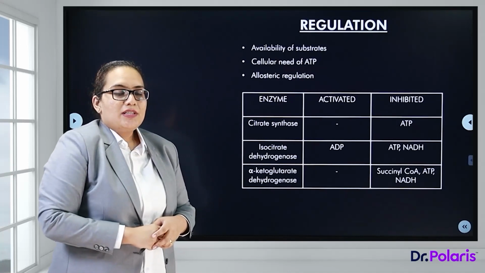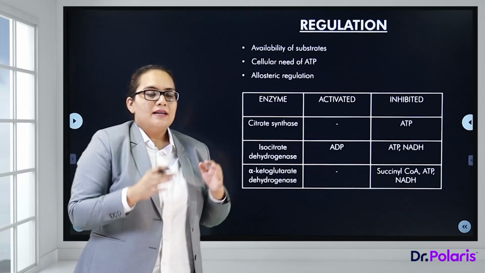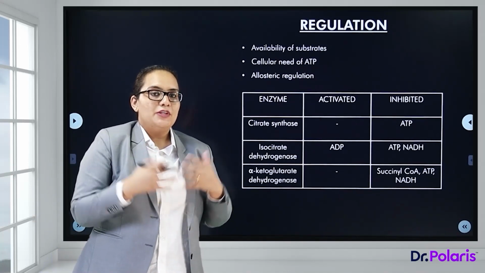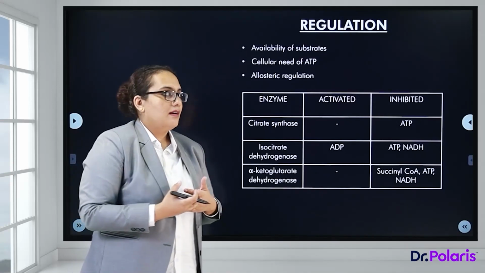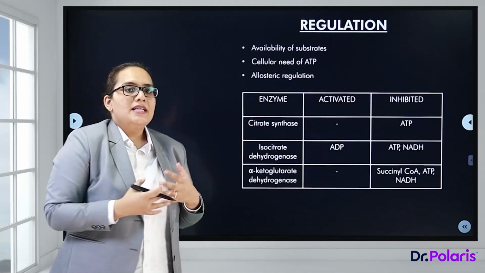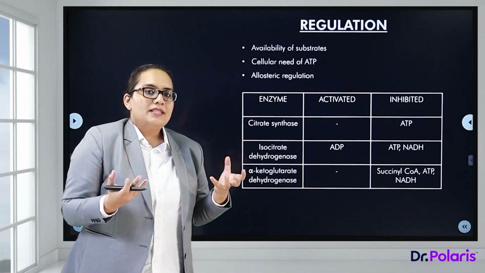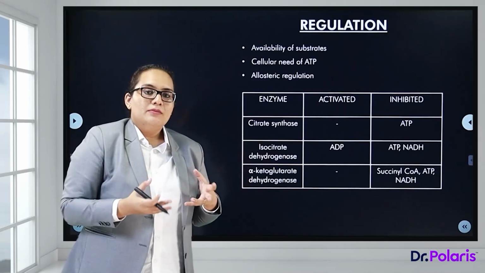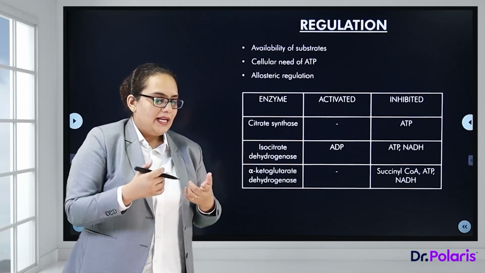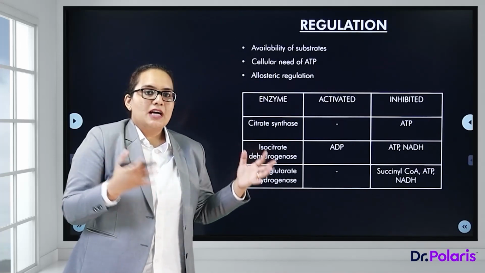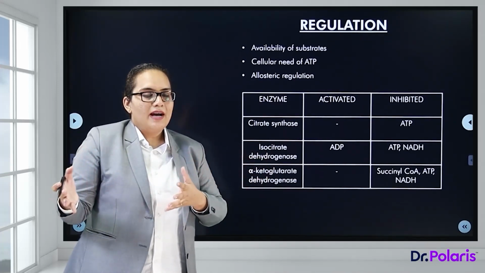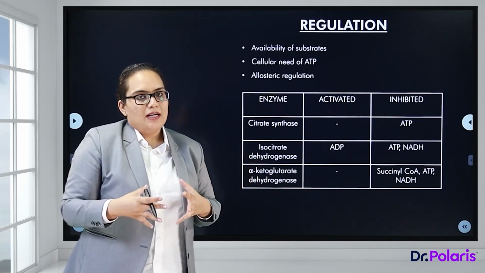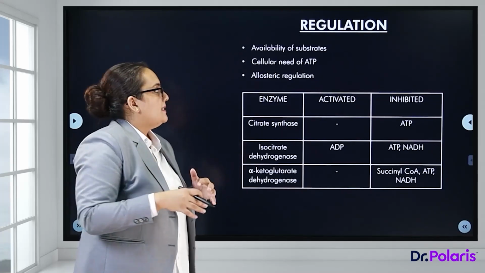Now coming to regulation, there are two main things that are kept in mind when you talk about regulation of TCA cycle. First is the availability of substrate. The substrates are required for TCA cycle to proceed. So you need all the fuel molecules such as carbohydrates, proteins and fat to be broken down to form acetyl-CoA, which enters into the TCA cycle.